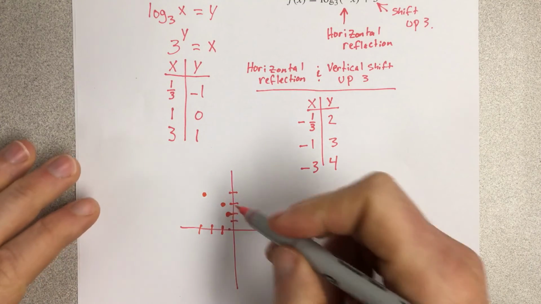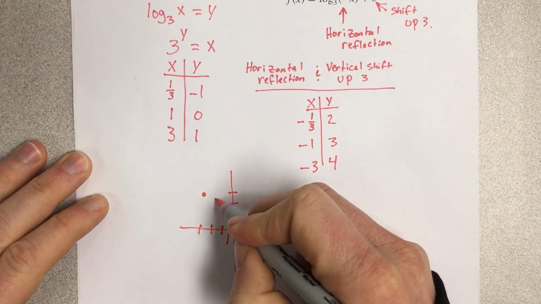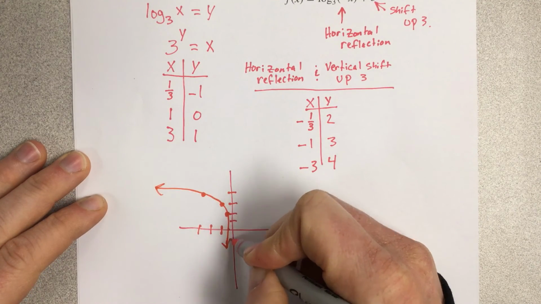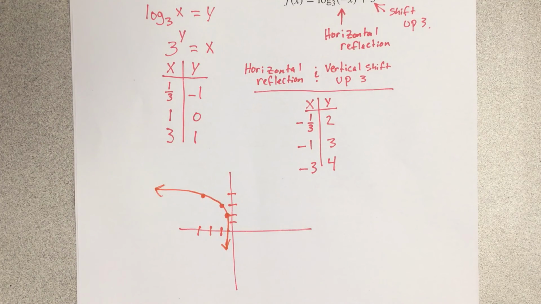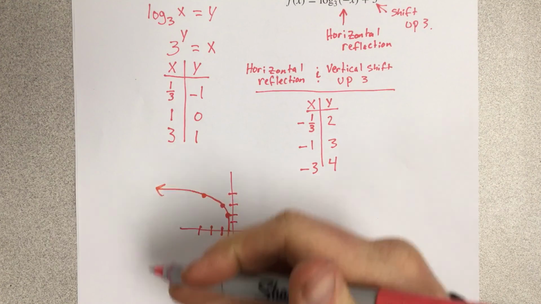And you can see that this is going to look like so. And so that is our horizontal reflection and our vertical shift up 3.